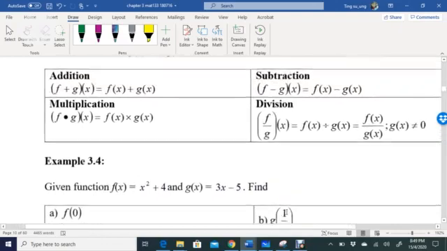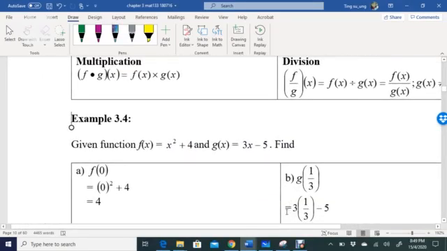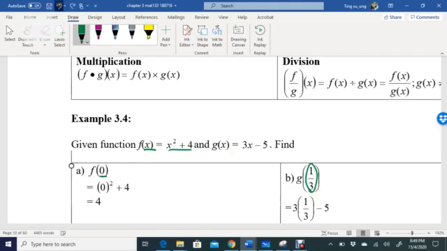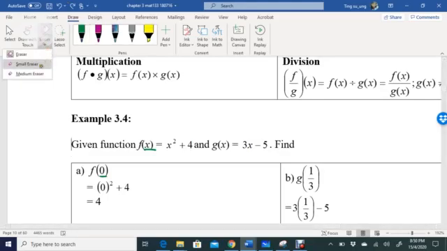So the first one, very simple, right? You just substitute the x with 0. Substitute in, you get the answer. So here the x for the g function is 1 over 3. You just substitute it respectively. I think this one should be very clear cut, right?